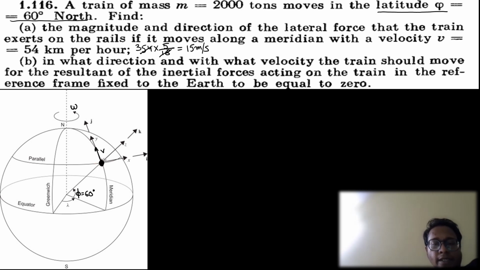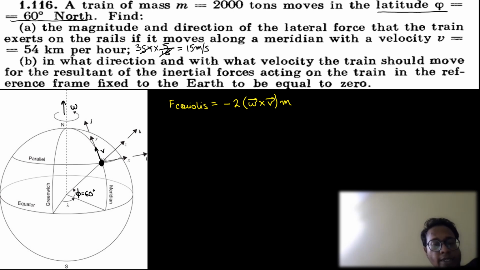Coriolis force is nothing but minus 2 into omega cross V, into M. What is the direction of omega? The direction of omega is upward. Omega is an axial vector. V is along the y direction. So somehow we have to find out the angle between omega and V.